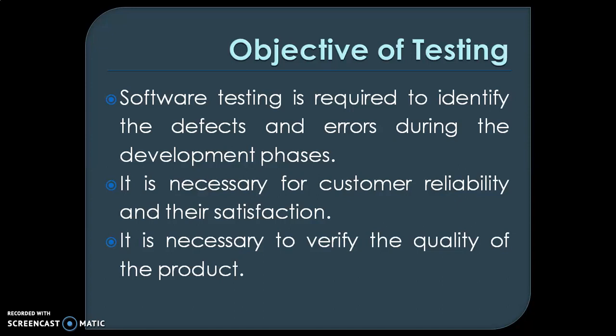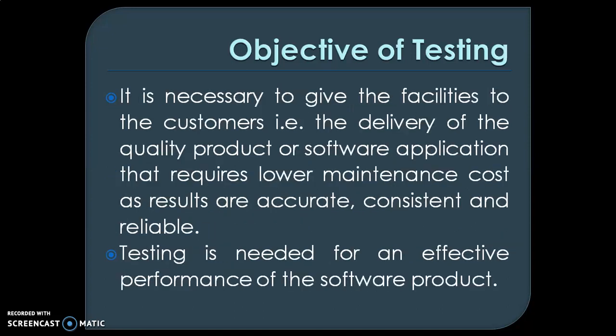Third, it is necessary to verify the quality of the product. If you have developed software it is okay, but quality should be tested, and a quality product should be delivered to the customer. Fourth, it is necessary to give the facility to the customer, that is, delivery of a quality product or software application that requires lower maintenance cost and gives accurate, consistent and reliable results.